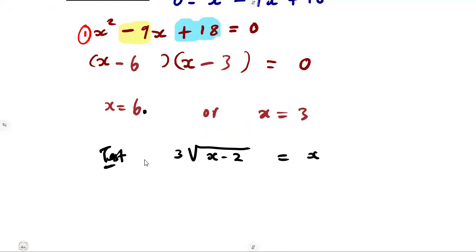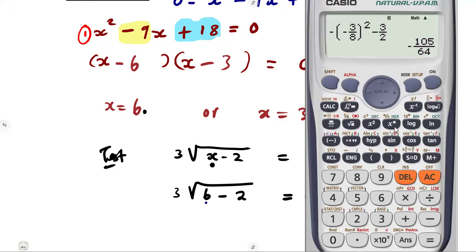So let's start with x being equal to 6. It is going to be 3 square root of, in place of x, you substitute a 6, so that's 6 minus 2. Is it going to give us x, which is still a 6? Remember, we are substituting x, which is 6. If you simplify, let us just take our left-hand side: 3 times the square root of 6 minus 2. All right, as you can see, guys, you're obtaining a 6.